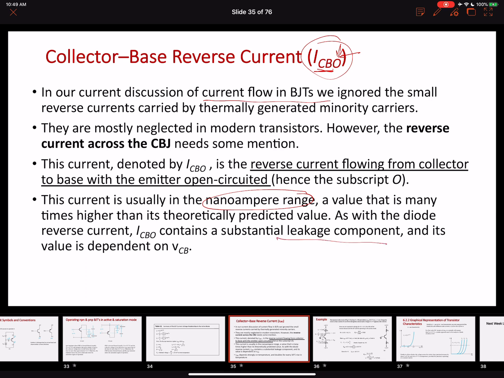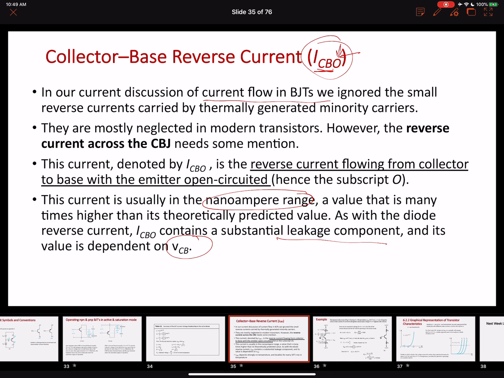If you remember the p-n junction physics that we discussed earlier in the course, the value of this reverse current depends on the biasing voltages at the junctions. So the collector to base reverse current will depend on the biasing potential of the collector to base junction, which is VCB here.